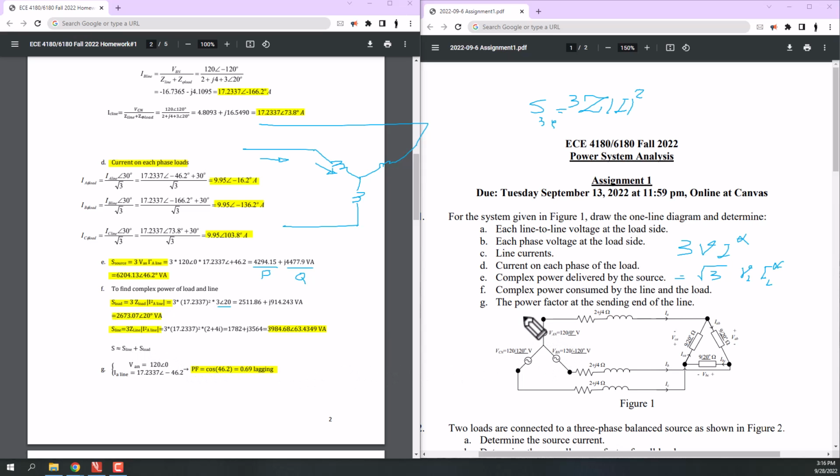And finally, you are asked to obtain the power factor. Based on the definition, we know that the power factor is the cosine of the phase shift between voltage and current. So we just need to obtain this phase shift. As you can see here, it is 46.2 degrees.